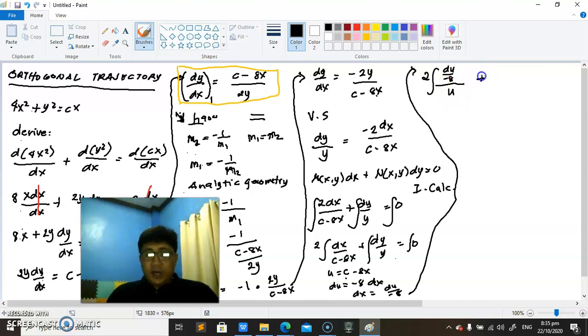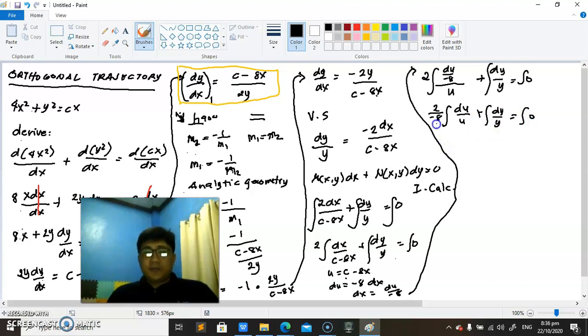Next, we have the integral of dy over y equals integral of 0. After that, we could move this 1 over negative 8 to the other side. So you have 2 over negative 8 integral of du over u plus integral of dy over y equals integral of 0.